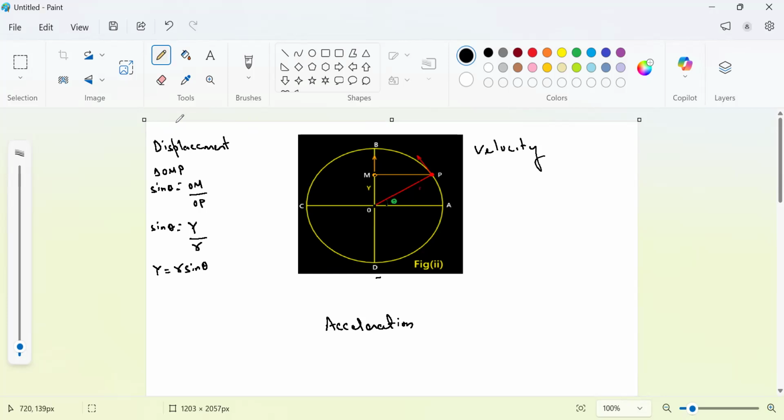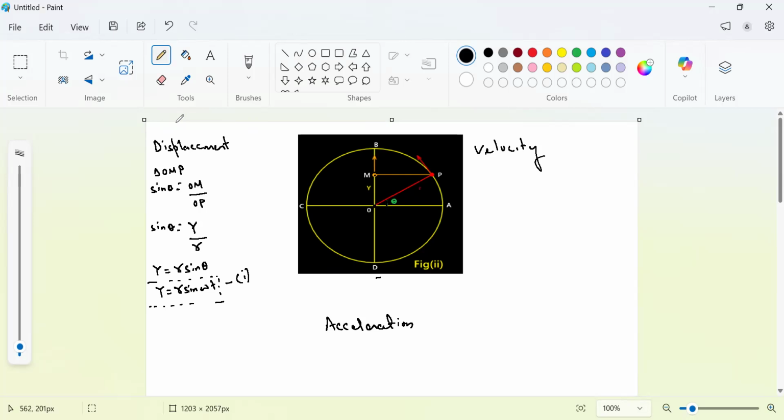If this particle P rotates around this circular path with an angular velocity omega, then after time t the angular displacement is given by omega t, so this can be written as y equals R sine omega t. This is the general expression for the displacement of a particle executing simple harmonic motion about its mean position. That is, it is the displacement of M.